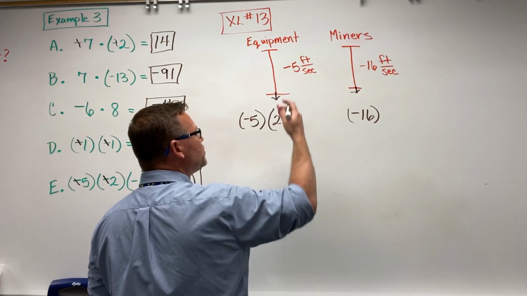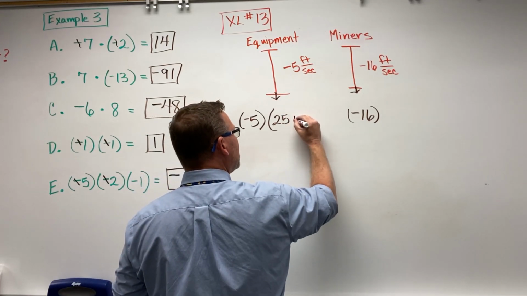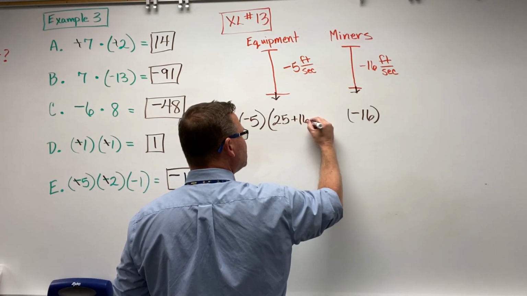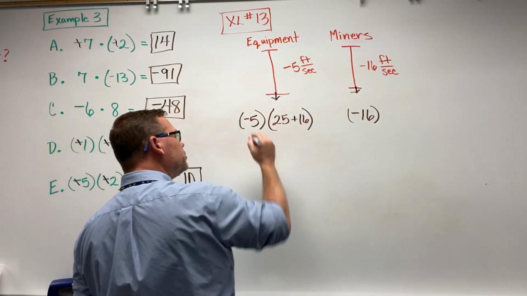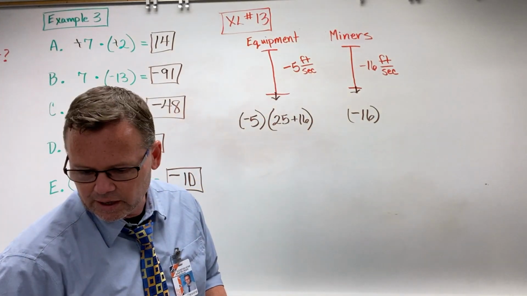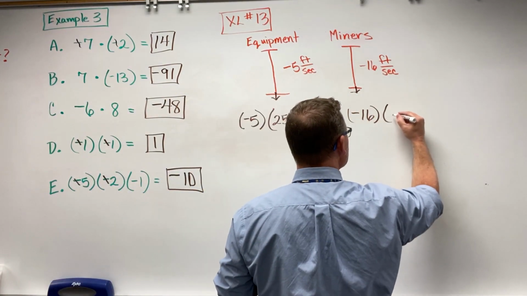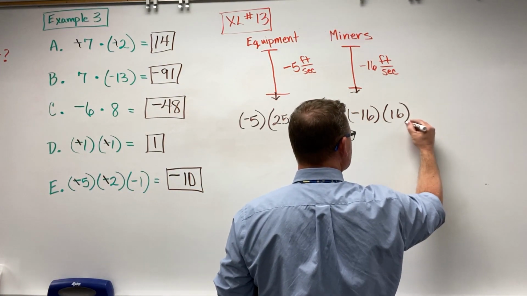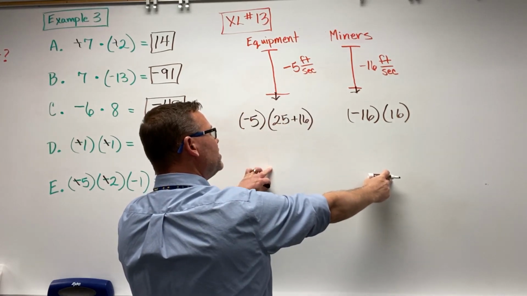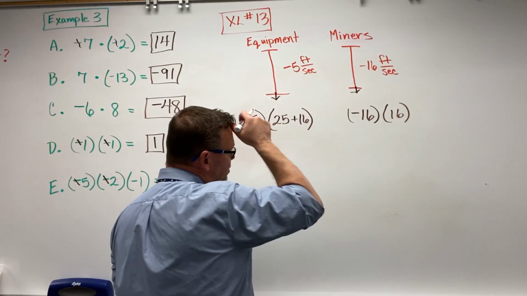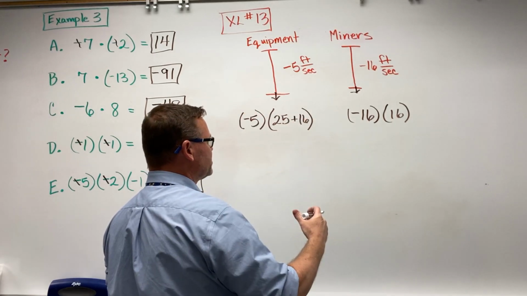And then they go another 16 seconds, so I have to add the 25 and 16, and then I'll multiply it by the -5, okay? Then over here, they only went for 16 seconds, so I'm going to simply multiply that by 16. Each one of these will give me the depth that they are at. How many feet are they below the surface?